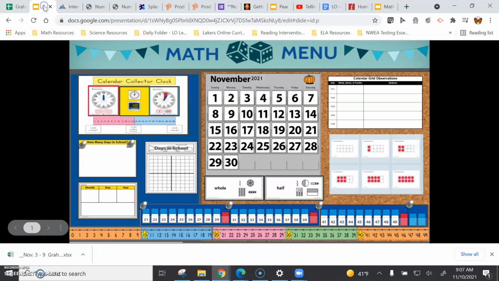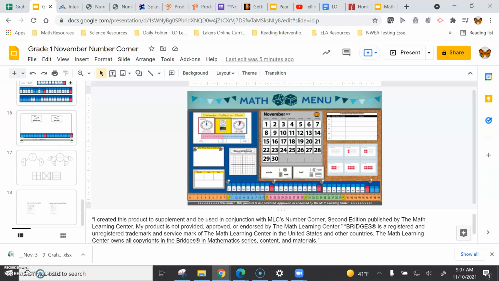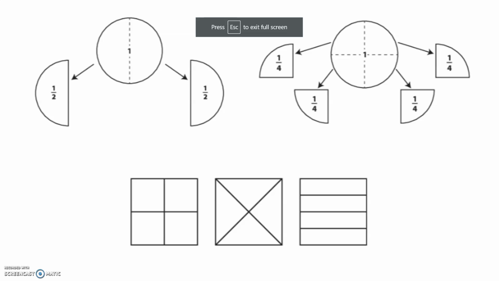I do want to go into something else with you very, very quickly. We've been talking about it, but I want you to see this in a way. When we talk about fractions, we've had one whole item that has been cut in half.